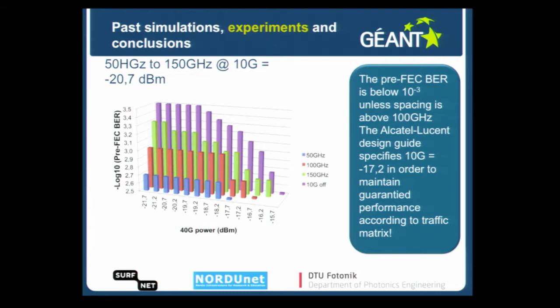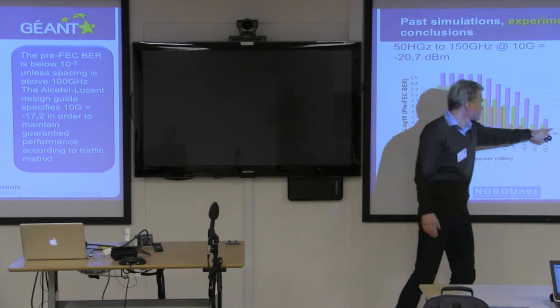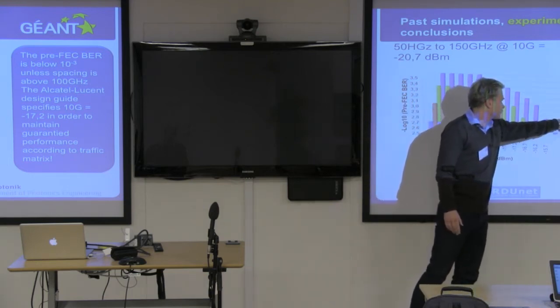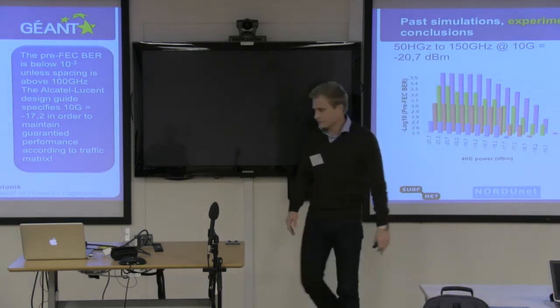So yeah, you could argue whether or not it's good quality, but at least, as I say, it is the default alarm. But as I said, you can see here that in order to stay above that, we definitely need to go to the green scale, and that's at least over 100 gigahertz channel spacing.